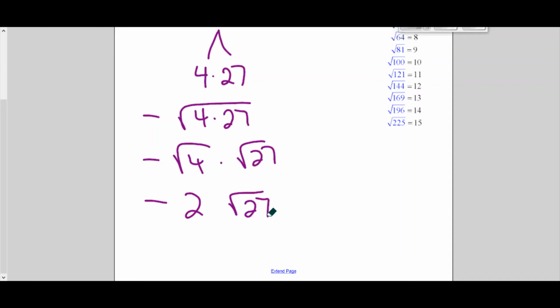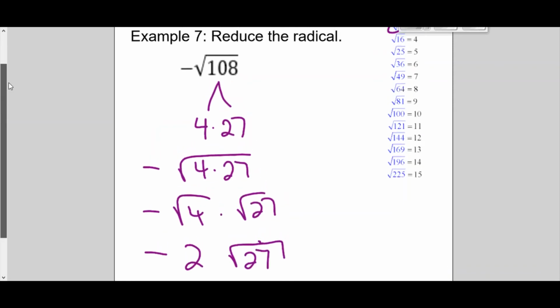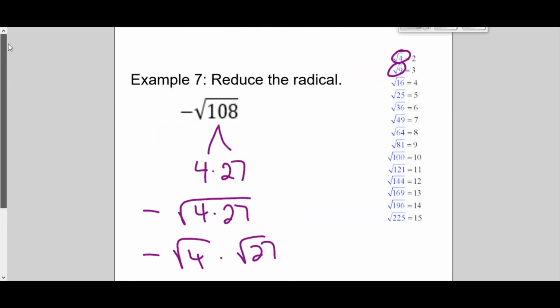And then let's say you put this in MathXL, it would say wrong answer. So if that's the case, you're going to want to look at whether you fully simplified what's underneath the radical. So let's look at 27. Is 27 divisible by one of my square numbers? It's not divisible evenly by 4, but it is divisible by 9.